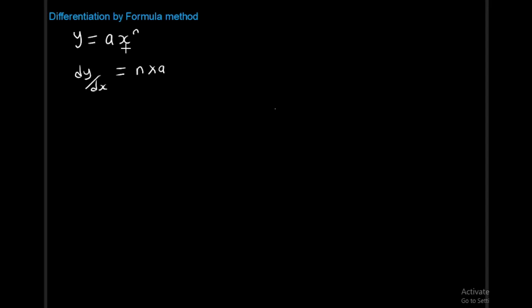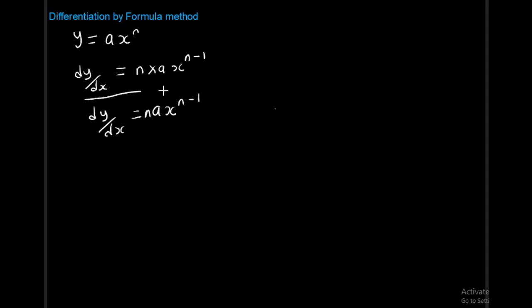Rewrite the term you're differentiating with respect to, which in this case is x, all raised to power minus 1. So we have dy/dx equal to nax raised to power n minus 1.